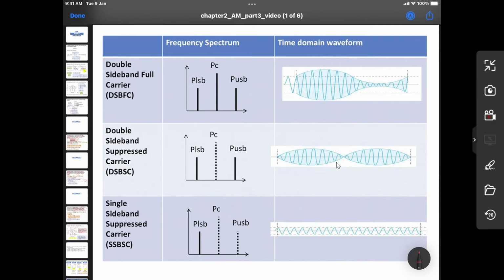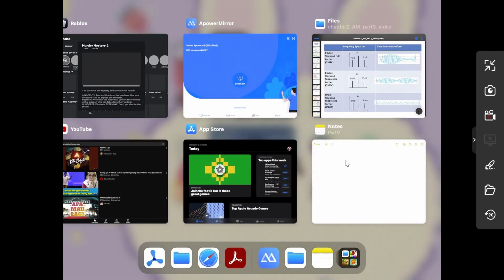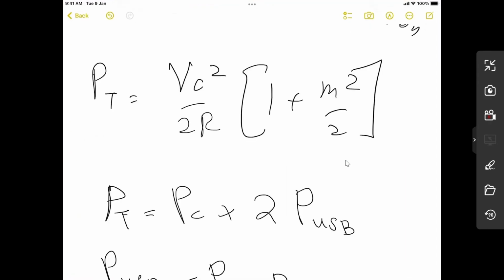Why does it look like this? Previously we went into the mathematical derivations, but we don't want to go into that mathematical expression. We just want to get the understanding of how that is constructed.